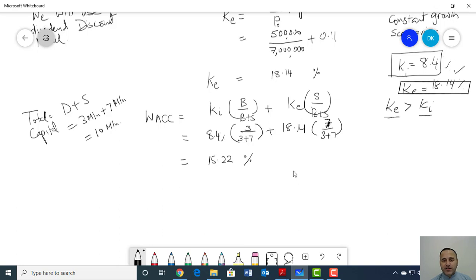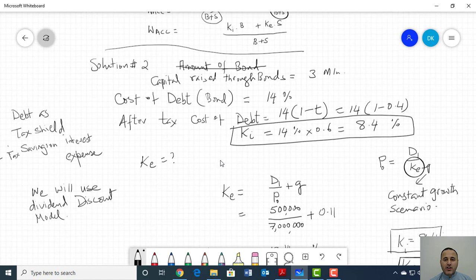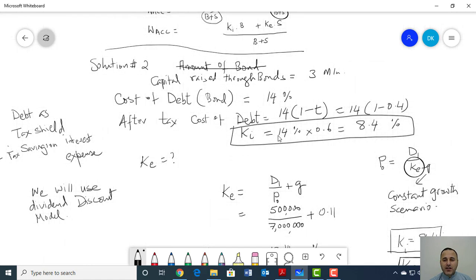My first task in question number two was to calculate the after tax cost of debt. This is something very, very important. Since the company gets a benefit of tax savings, you have to calculate the after tax cost of debt. Let's say the given cost of debt was 14%, but since the tax rate was 40%, you use this formula: 14% multiplied by 1 minus the tax rate.